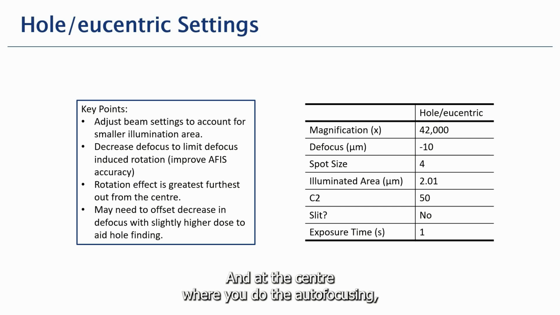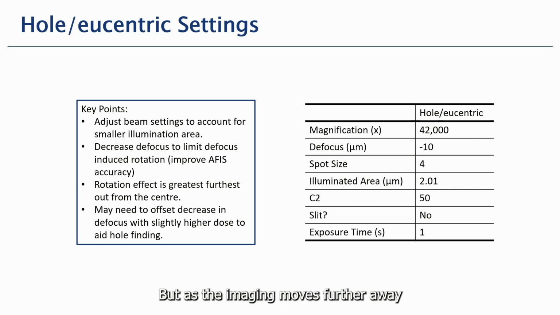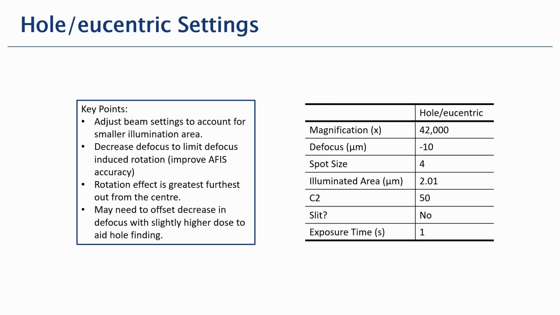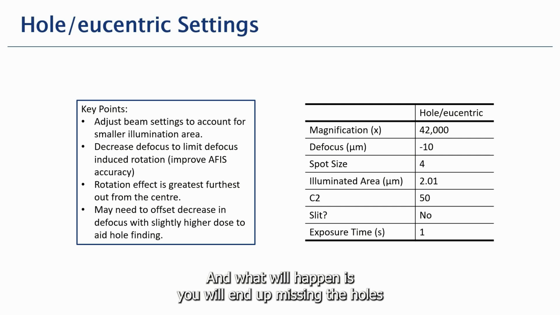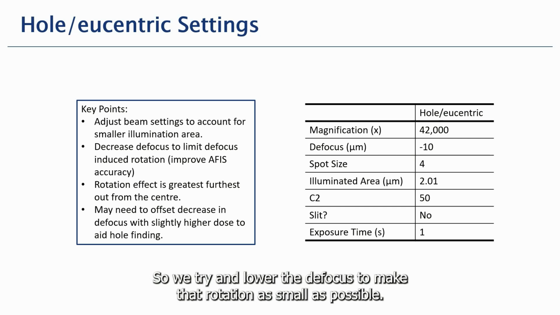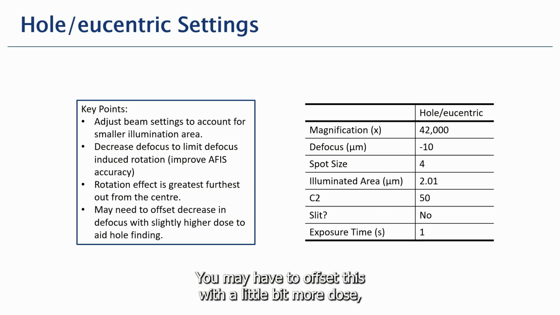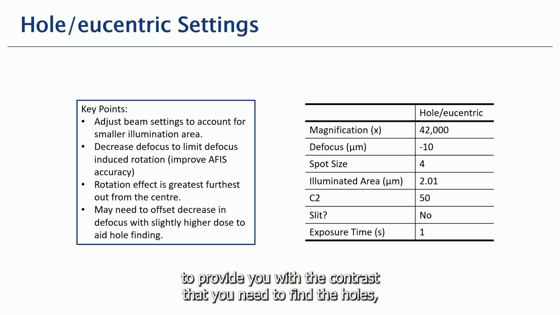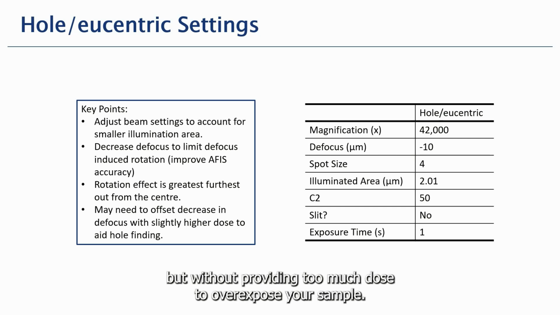And at the center where you do the autofocusing, this is not so much of an issue, but as the imaging moves further away from that autofocusing position, this rotation will become more pronounced, and what will happen is you will end up missing the holes that you're trying to image. So we try and lower the defocus to make that rotation as small as possible. You may have to offset this with a little bit more dose to provide you with the contrast that you need to find the holes, but without providing too much dose to overexpose your sample.